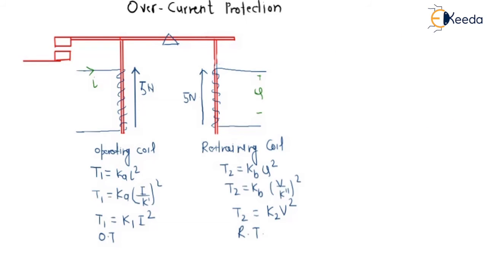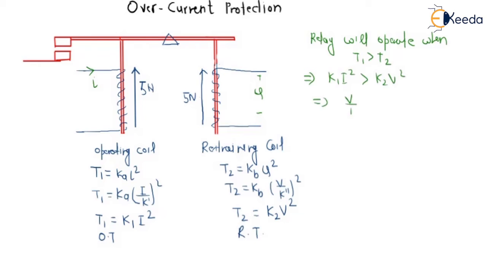The relay will operate when T1 is greater than T2, meaning the operating torque should be greater than the restraining torque. The operating torque is K1 I square, and it must be greater than K2 V square. So we get V by I must be less than the square root of K1 upon K2.